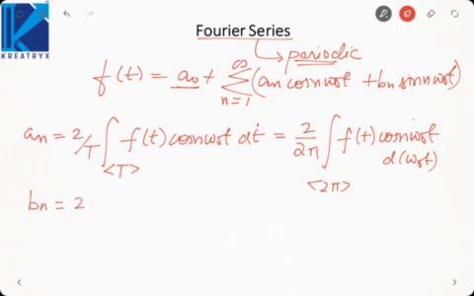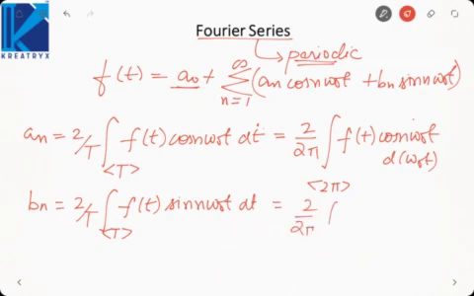Similarly, Bn will be 2 by T integration of f(t) sin n omega naught t dt. If we convert it into omega naught t, it will be 2 by 2 pi integration over 2 pi of f(t) sin n omega naught t d omega naught t. So these are the formulas which are used to derive the Fourier series coefficients.